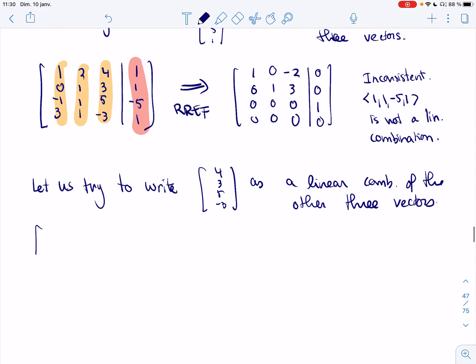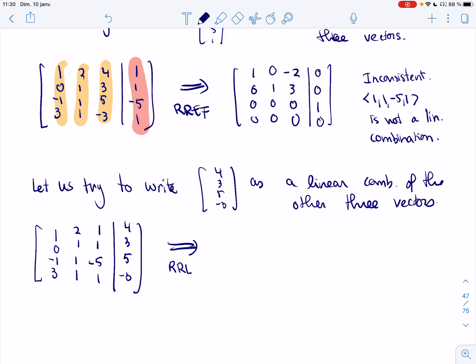All right, so I still have the first 2 building blocks the same. I'm going to put 4, 3, 5, minus 3 as the column this time. So I'm switching the third and the fourth column. And when I reduce, if I do exactly the same row operations that I did over here, I'll end up with almost the same matrix, but of course the last 2 columns are switched.